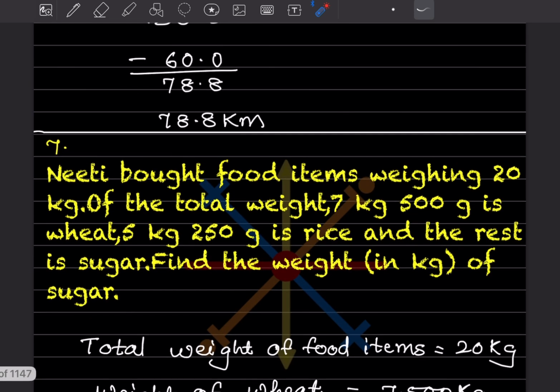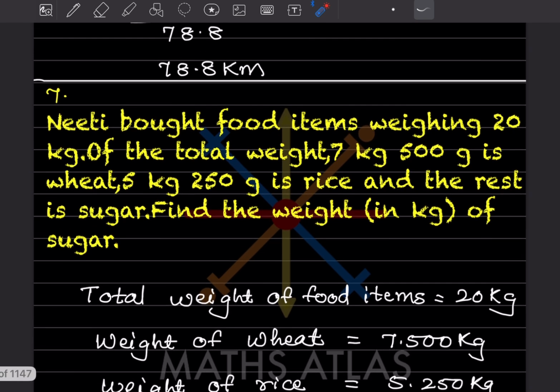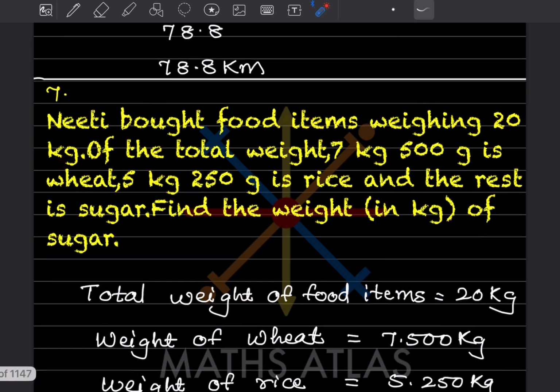Niti bought food items weighing 20 kilogram. Of the total weight, 7 kilogram 500 gram is wheat, 5 kilogram 250 gram is rice, and the rest is sugar. Find the weight in kilogram of sugar. So we can write total weight of food items, that is 20 kilogram.